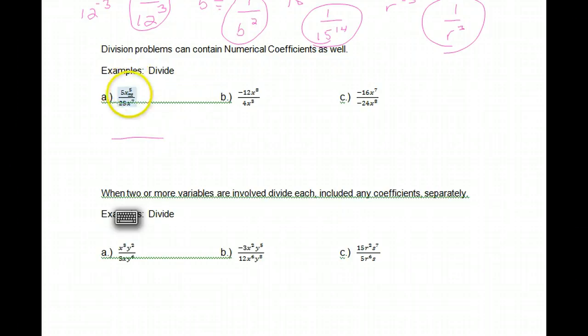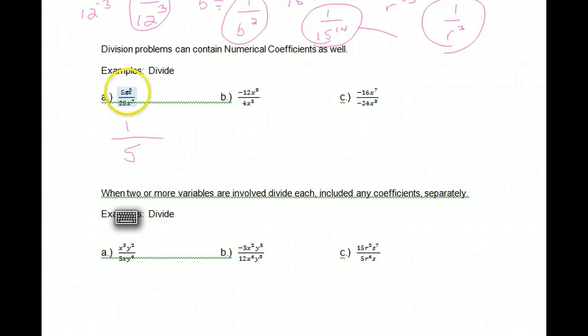So I'm going to start with 5/25. I want to think of that as a fraction. If I have 5/25, what will that reduce to? Well, it would reduce to 1/5. So I'm going to go ahead and write my 1/5 there.